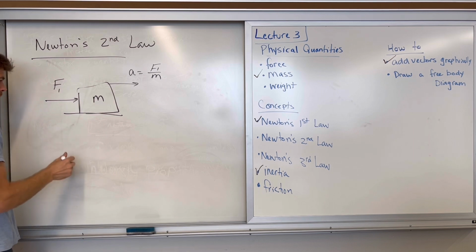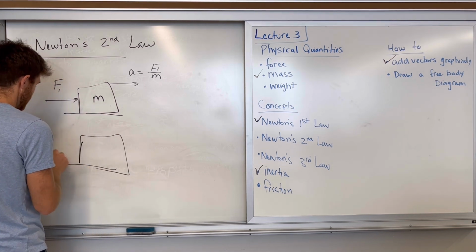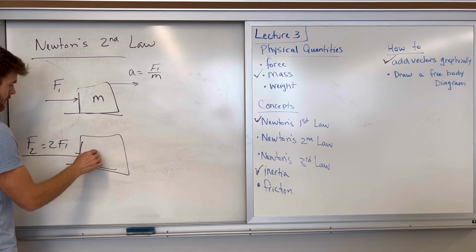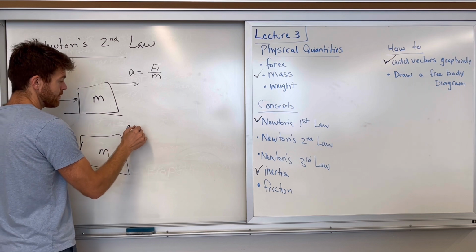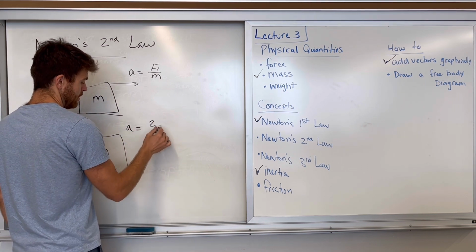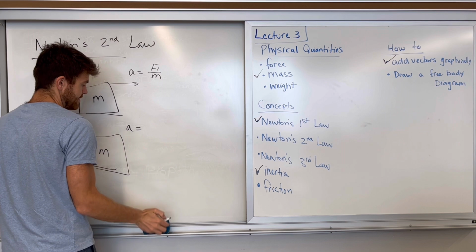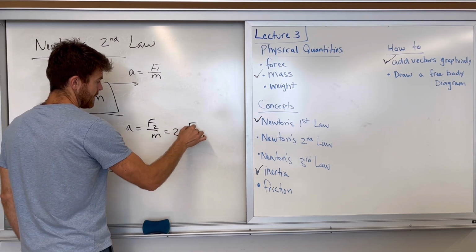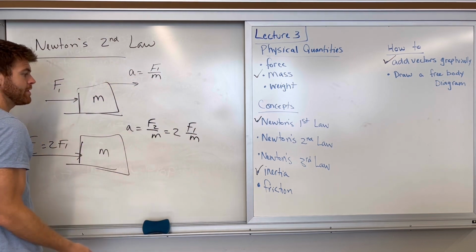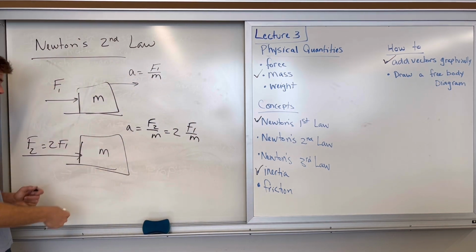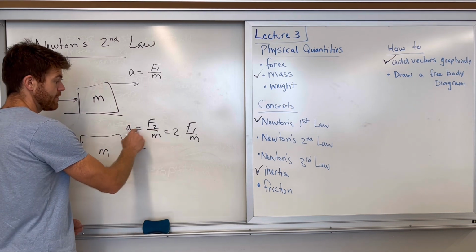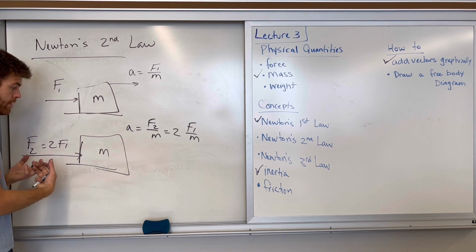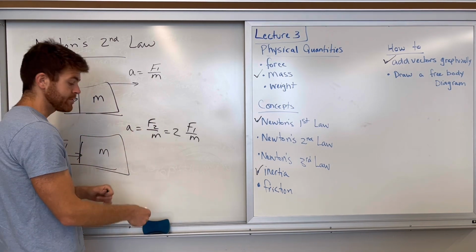If we double the force, F2, which equals 2F1, with the same mass, then the resulting acceleration is going to be doubled, because the acceleration is going to be F2 over m, which is 2 times F1 over m, because F2 is equal to 2 times F1. So if we double the force acting on it, the same mass, the resulting acceleration is doubled. Likewise, if we had half the force and keep the same mass, we would halve the resulting acceleration.